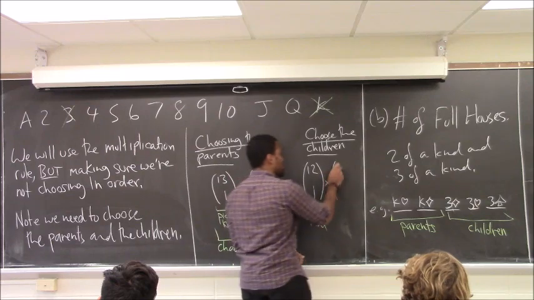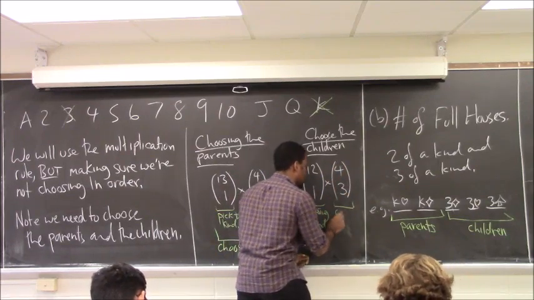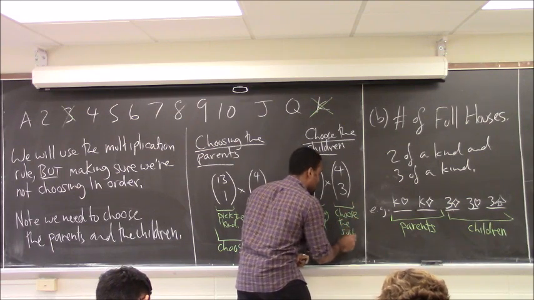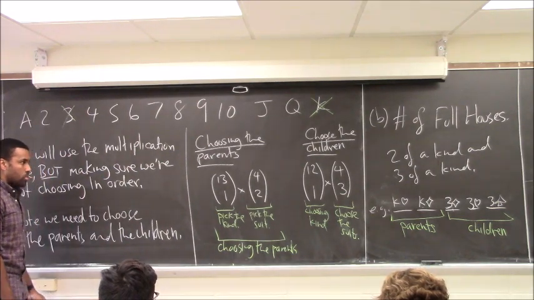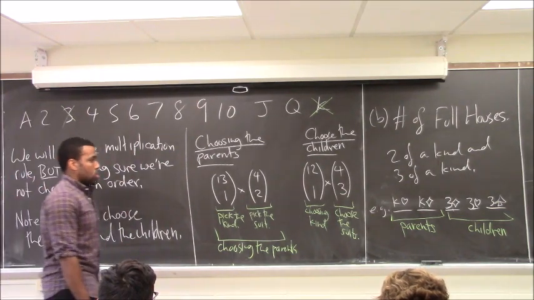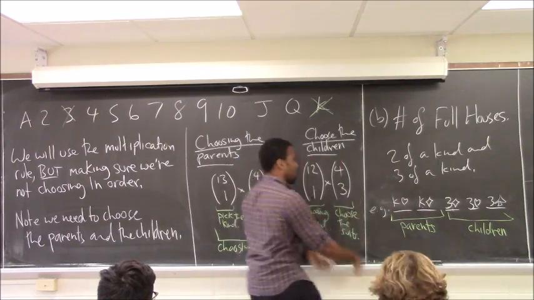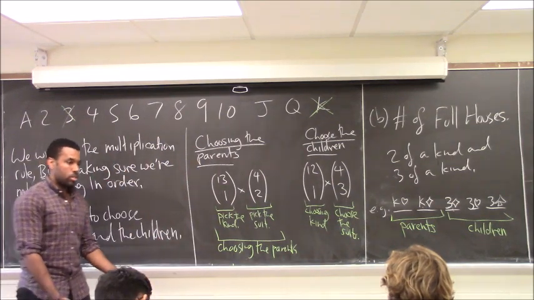So out of the 4 suits, I'm going to pick 3 of them. Just choose the suits. So I now know how to pick the parents, and I know how to pick the children, in no particular order, because I'm using combinations.